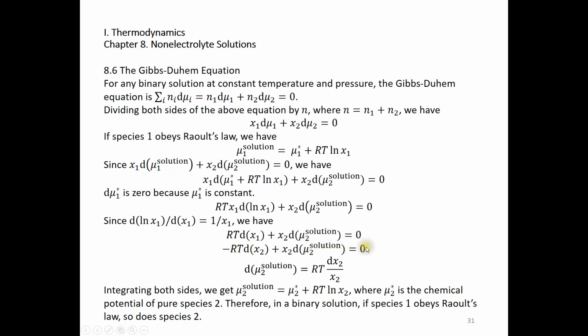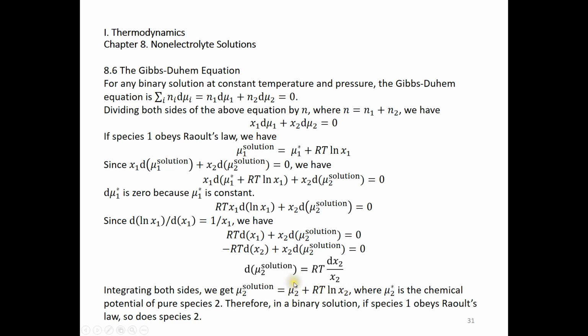And once we have this equation, we can rearrange it. The exact differential of mu2 in a solution is simply RT times dx2 over x2. Now we can integrate both sides, and then we get this equation. The chemical potential of component 2 in a solution is equal to mu2 star plus RT times the natural logarithm of x2.